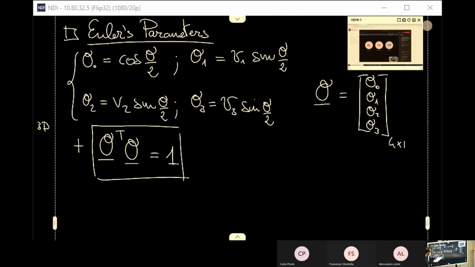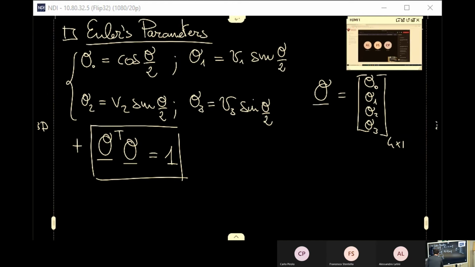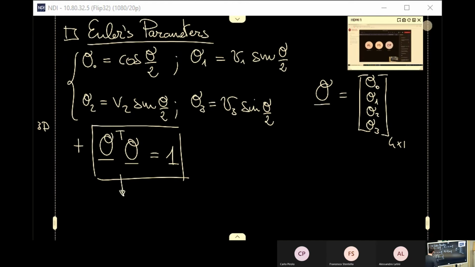If you express the vector theta like this, for those of you who didn't notice, this is exactly equivalent to writing theta transposed theta equal to 1. So if this is a matrix operation, this is a scalar operation. This is a scalar product, this is a matrix product. The result is the same.